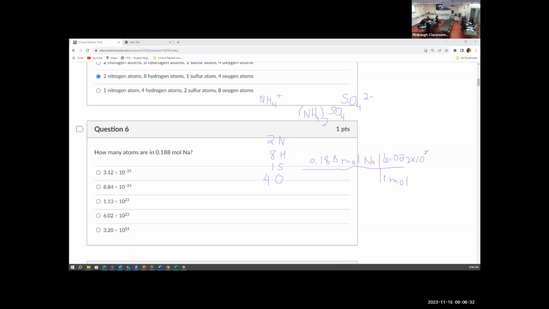You're just putting things up there because that's what you thought you saw, right? And then that would be atoms, or molecules, or tennis shoes. So that would give us 1.13 times 10 to the 23rd. Okay?